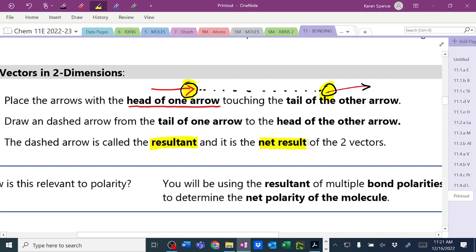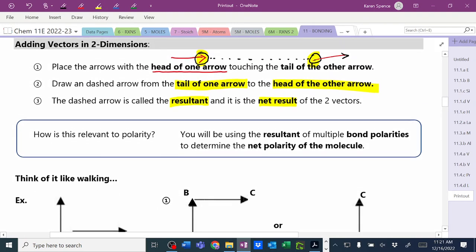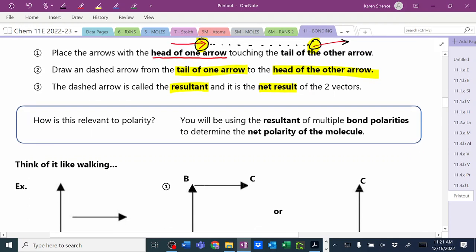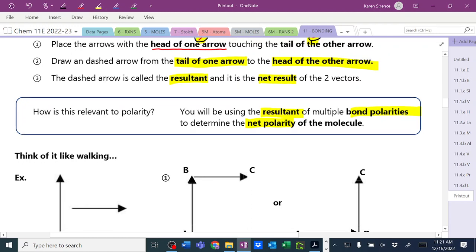And we do that by attaching the tail of one arrow to the head of the other arrow. It doesn't make a lot of sense when you say it, but when you see it, it will make a lot more sense. So how is this relevant to polarity? You will be using the resultant of multiple bond polarities to find the net polarity of the molecule. But for now, we're just going to do vectors as they are.